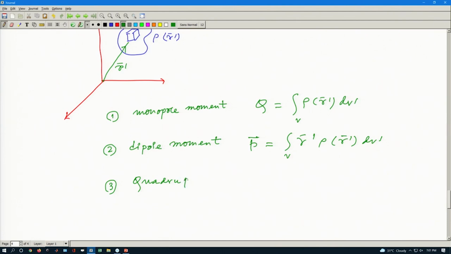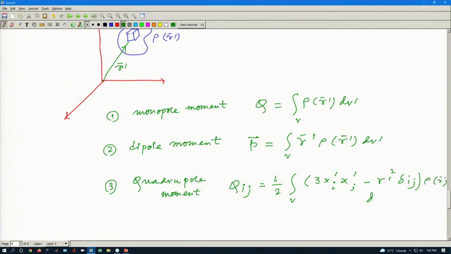So the quadrupole moment in the continuous case is Q_ij, that is half of, sometimes in a few books you find this half is not there, but anyway, 3 x_i' x_j' minus r prime squared delta_ij, and then I have rho r prime dv prime.